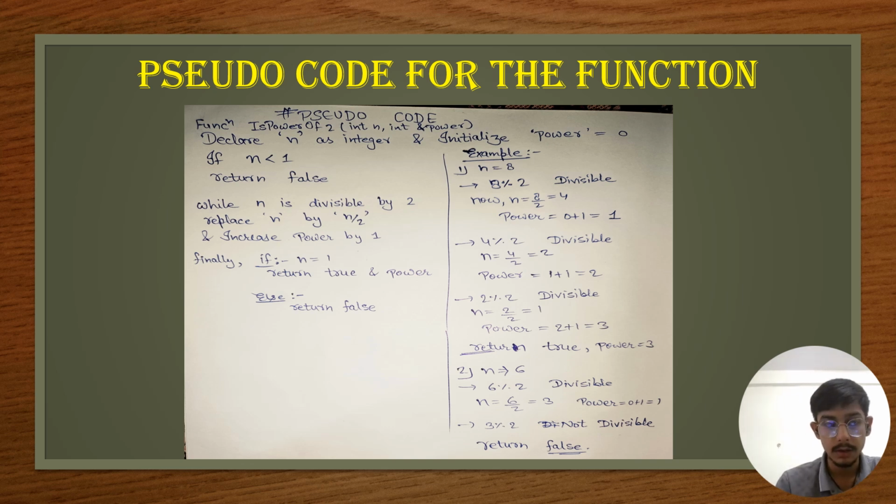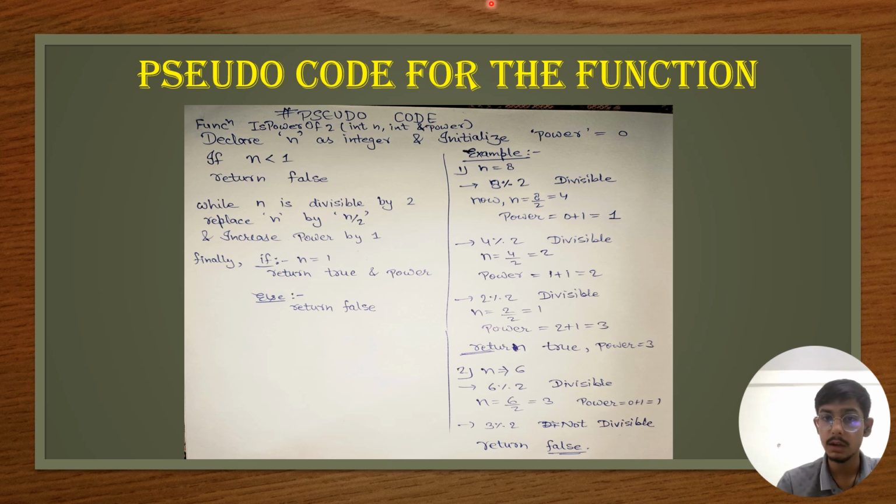So here we have defined a function named isPowerOf2 containing two variables, int n and int power. Here n is declared as an integer and power is initialized. Notice that we use a reference variable here.